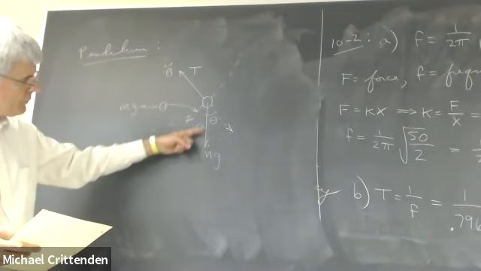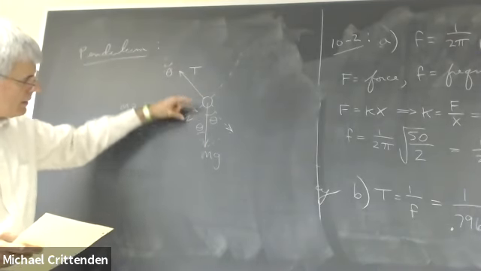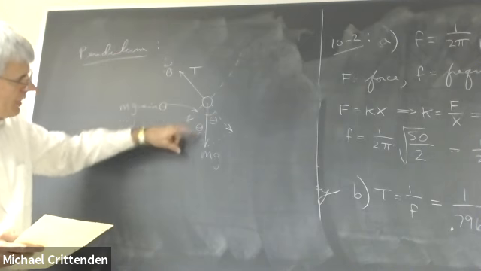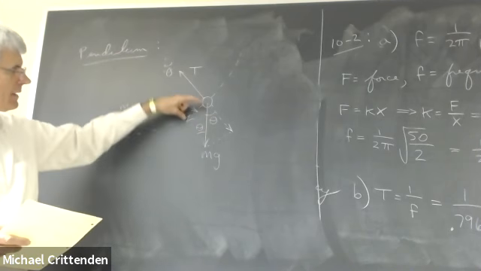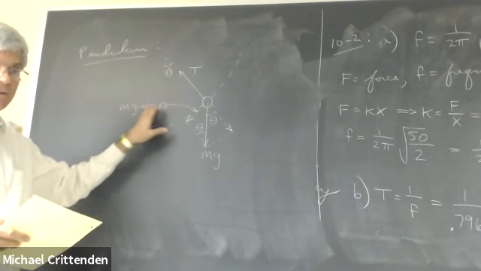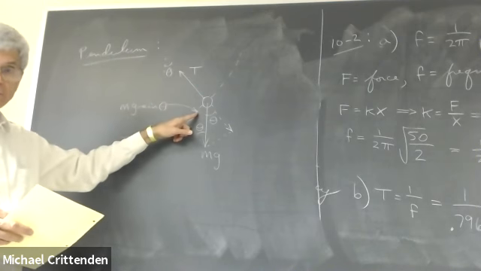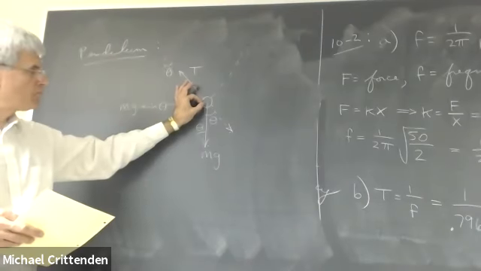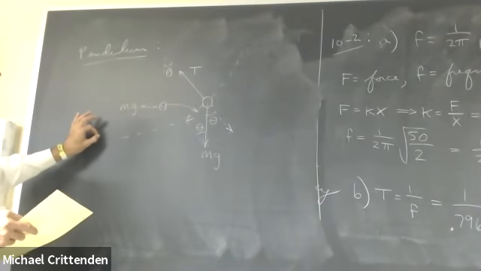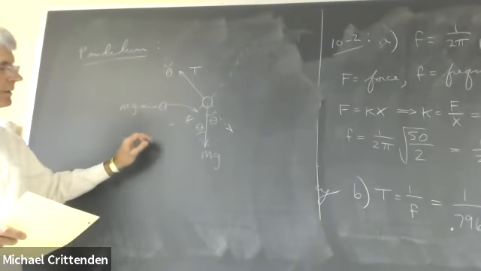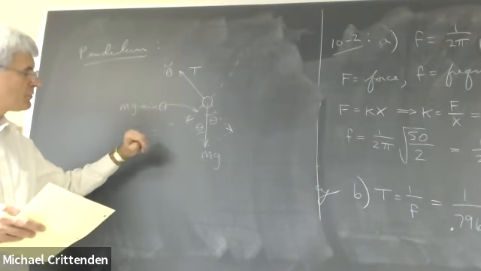The hypotenuse is mg, and this is the opposite side, opposite from the angle theta. So hypotenuse times sine is the opposite side. This is the restoring force. That's what's pulling the mass toward equilibrium. That's the force along the direction of motion.